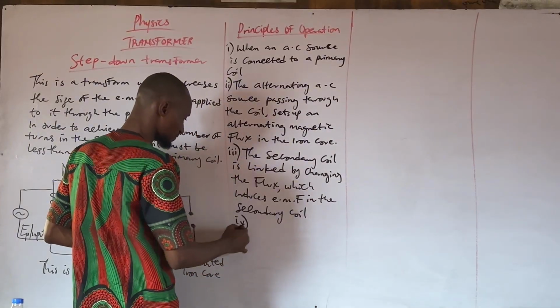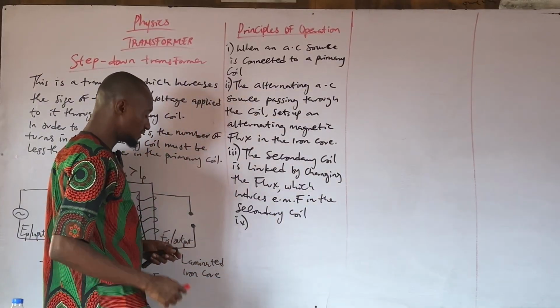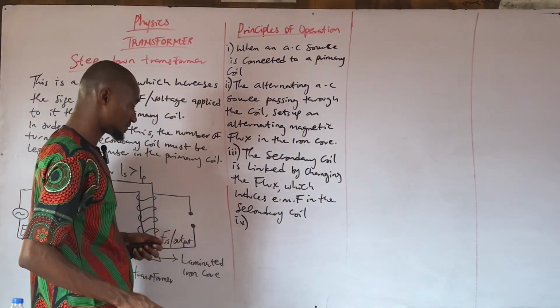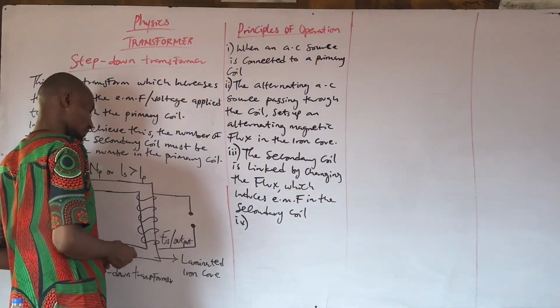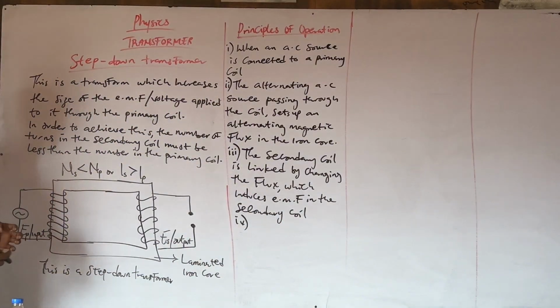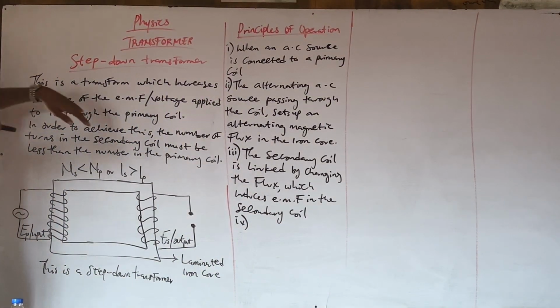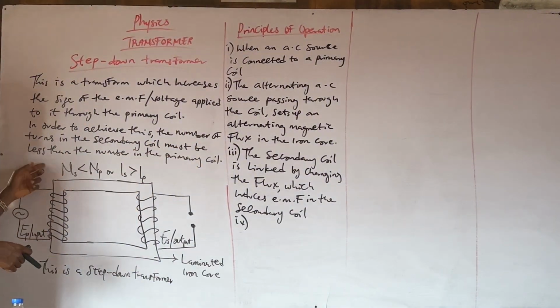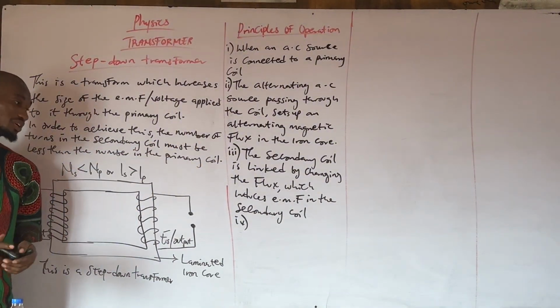Now IV, the fourth principle of operation. Remember we said that in order to achieve this, the number of turns in the secondary coil must be less than the number of turns in the primary coil. Is that correct?